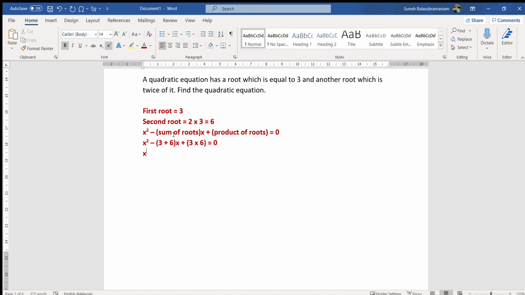So x square minus 3 plus 6 is 9x plus 18 equals to 0. That will be the answer. Okay, x square minus 9x plus 18 equals to 0.